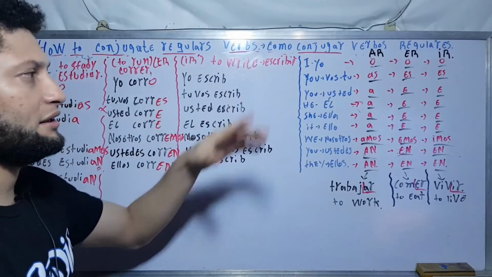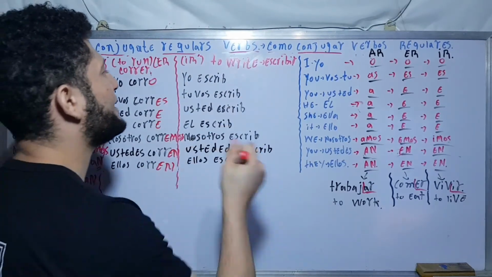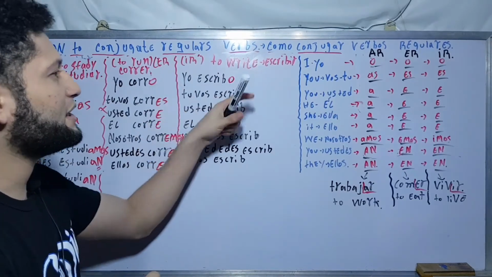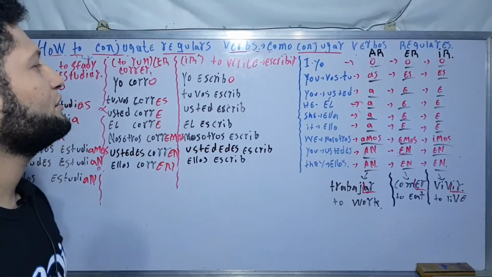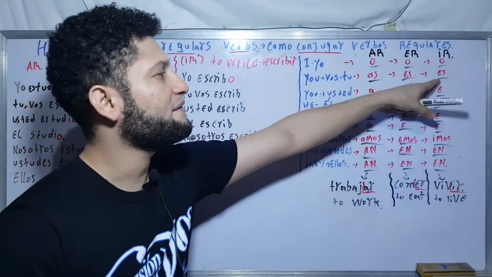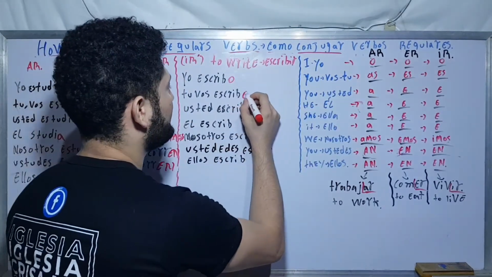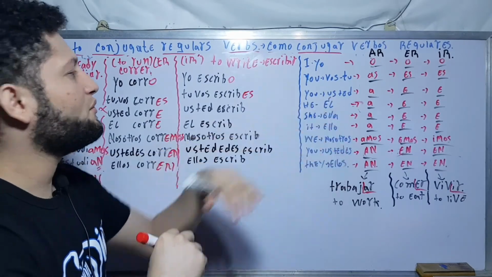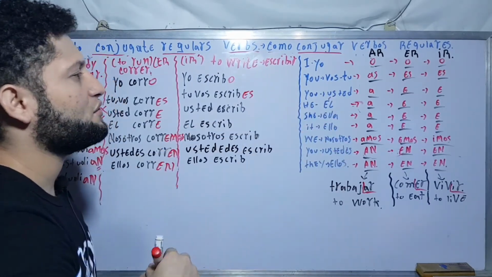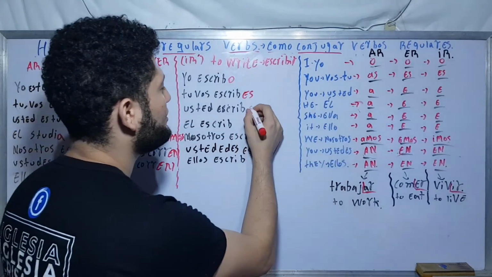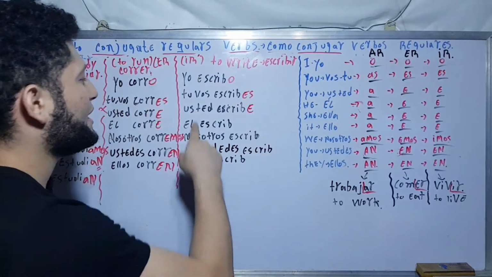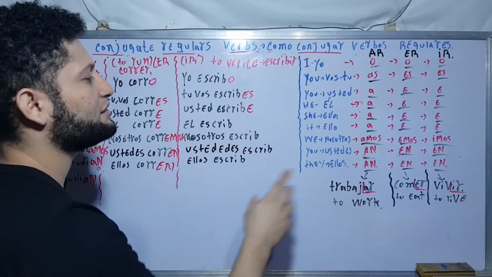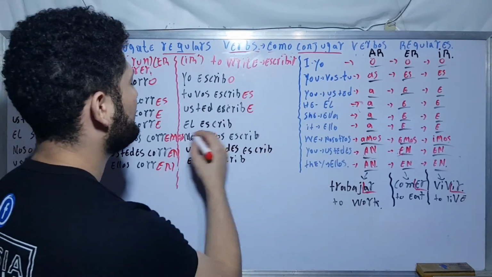Yo, as always, just add the letter O. Yo escribo, tú escribes, usted escribe for formal ones. Remember the same conjugation for the third person singular. Usted escribe, él escribe, he writes, or she writes, or even it writes.